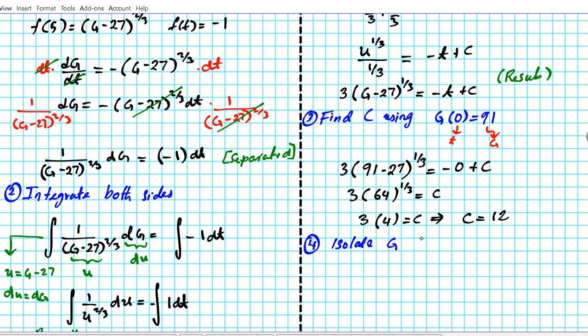But it is y in other cases if it's a function of y. All right, so let's go ahead and isolate g. To get us started, we're going to have to put 12 into this equation right here. So we have 3 times the quantity g minus 27 to the 1/3 equals negative t plus 12.